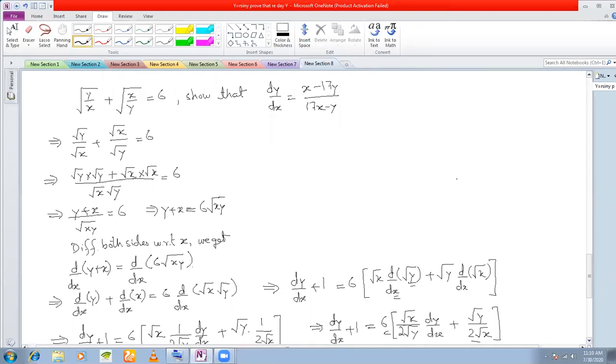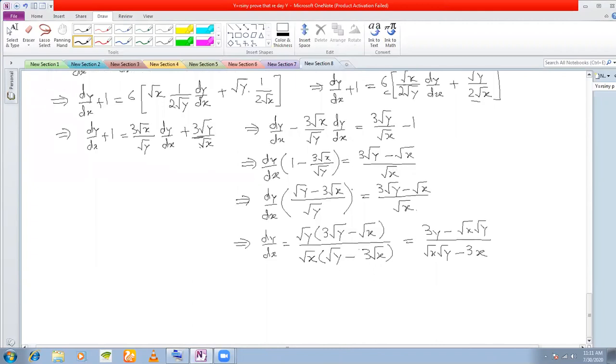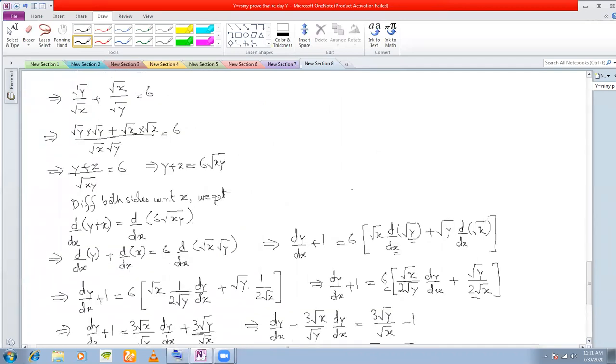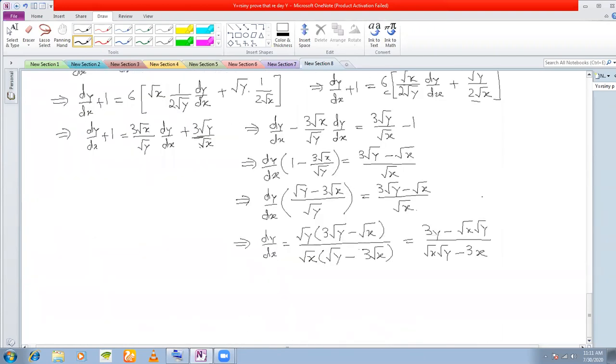Root y by x plus root x by y. Should work in this way also. Root x root y plus root x by x. Yes, yes, this will work.